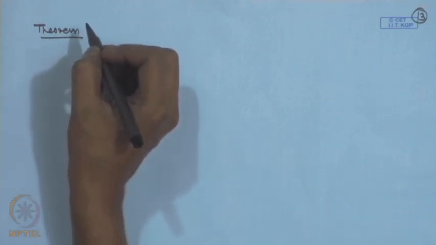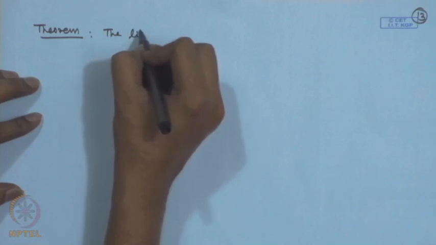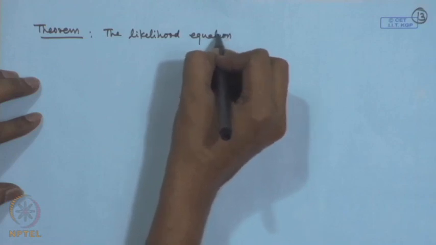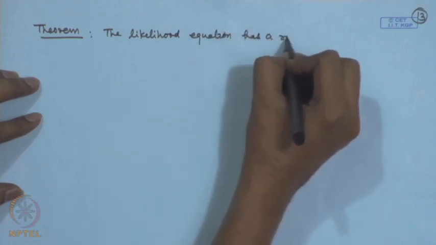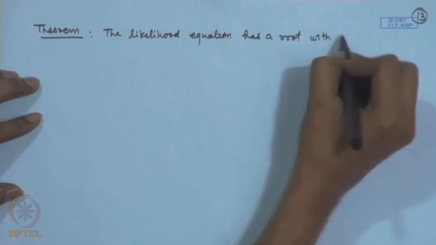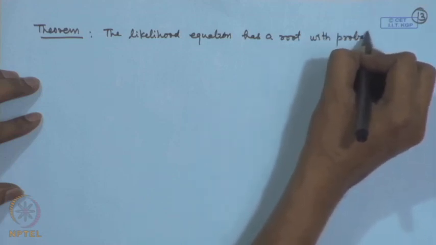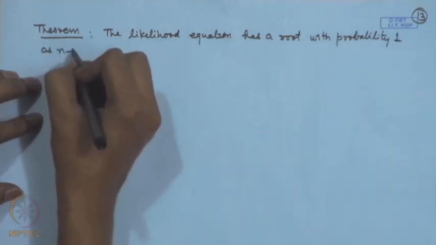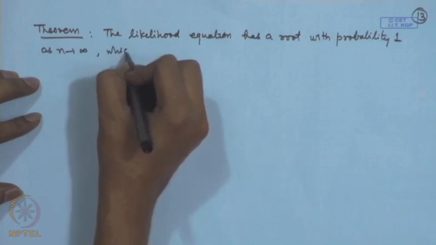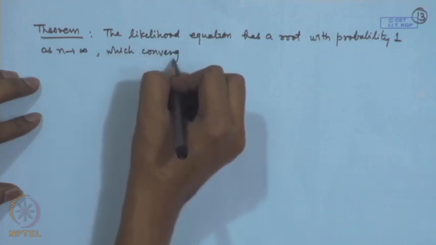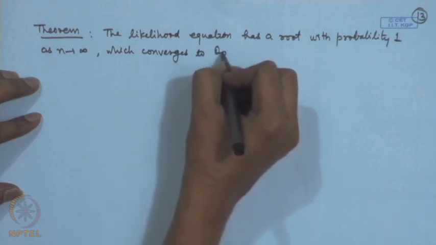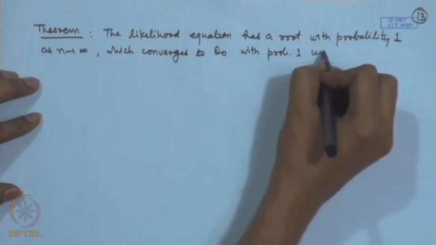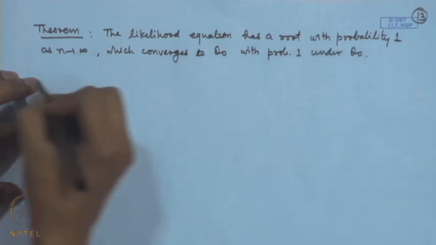The first result says that the likelihood equation has a root with probability 1 as n tends to infinity, and the root converges to theta naught with probability 1 under theta naught.